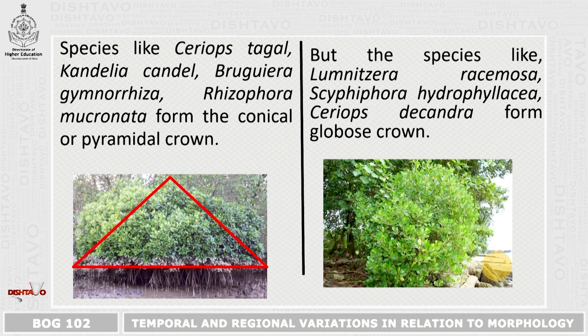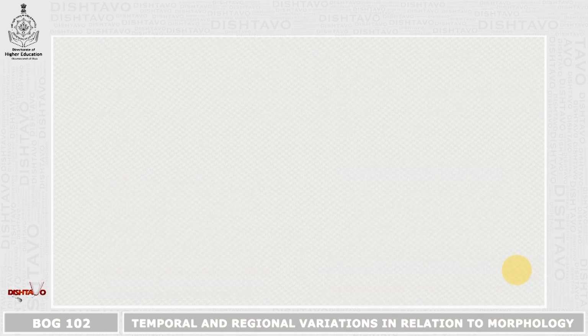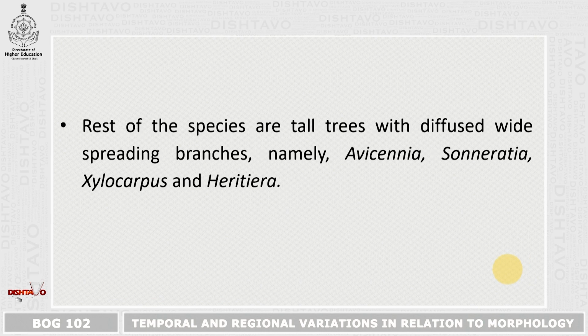But certain species like Lumnitzera racemosa, Scyphiphora hydrophyllacea, Ceriops decandra form a globose type of a crown. Rest of the species are tall trees with diffused wide spreading branches such as Avicennia, Sonneratia, Xylocarpus and Heritiera.